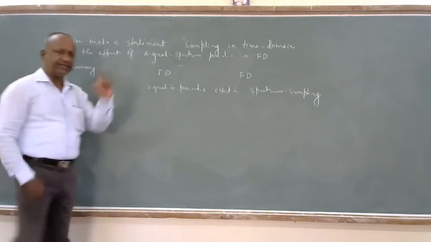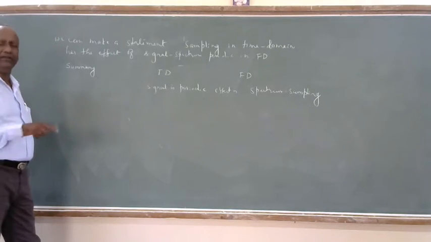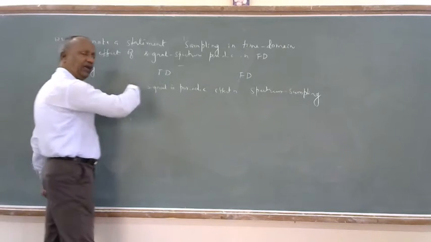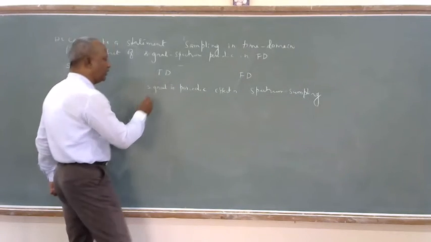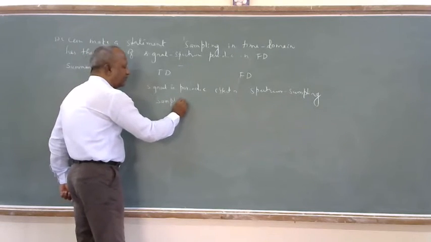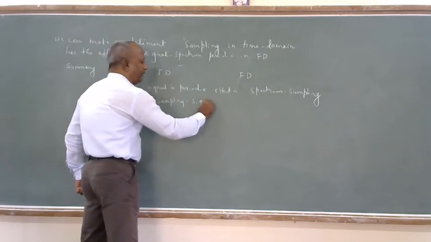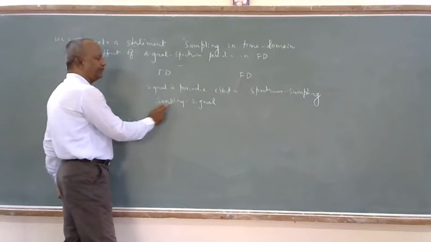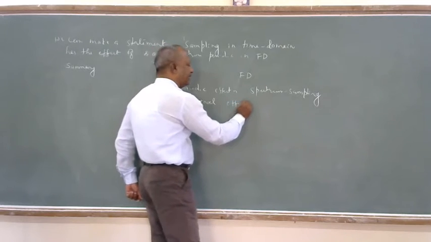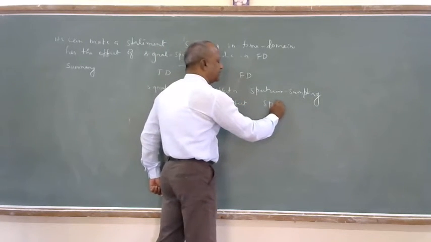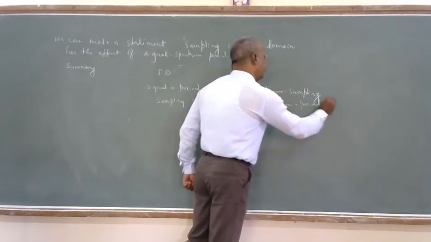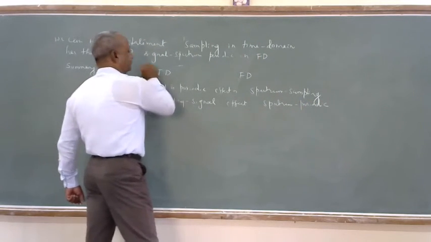The second statement, the third one, by using the duality property. By using the duality property, I can write it in the opposite way. The opposite way is what? I do sampling of the signal in time domain. If I do sampling of the given signal in time domain, then its effect is in the form of what? Spectrum periodic. It's a very important table.